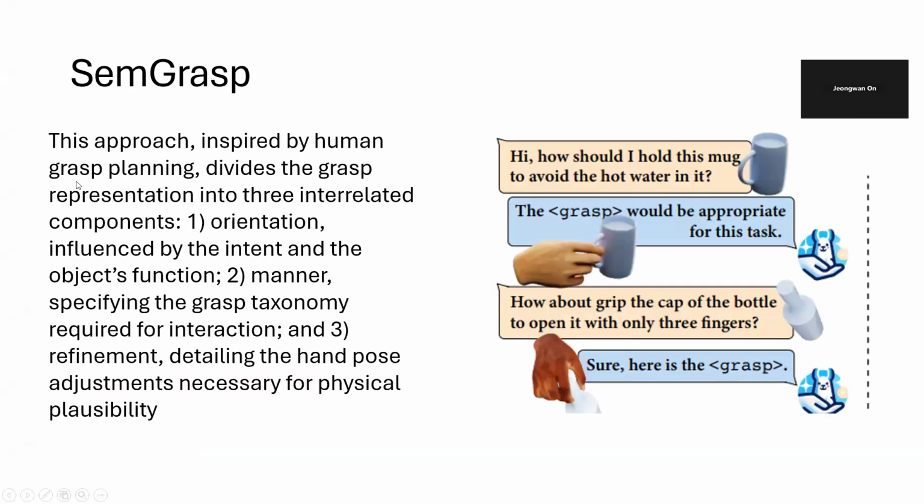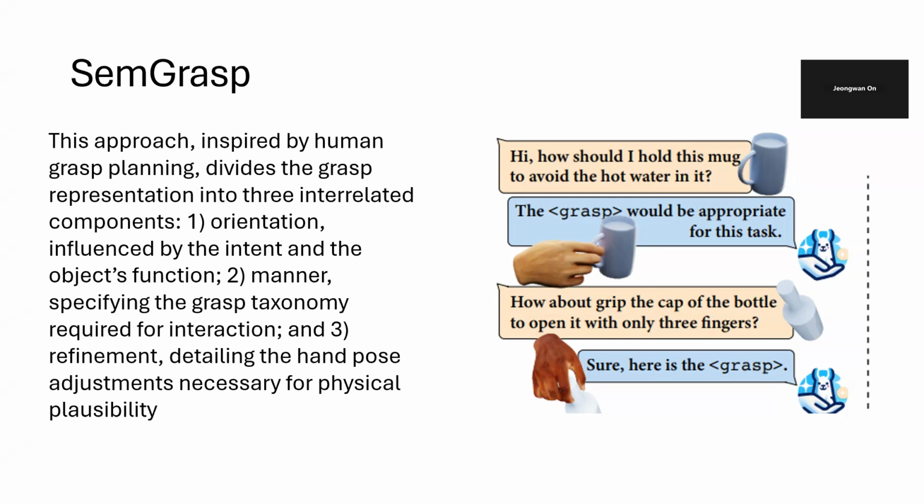So what they do mainly is, given an MLLM, a multimodal large language model, and given an object, the user can give some instruction on how to hold that object, and then the MLLM outputs a grasp token that aligns with how the object should be held and with the user's prompt.